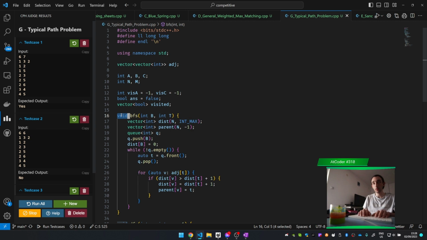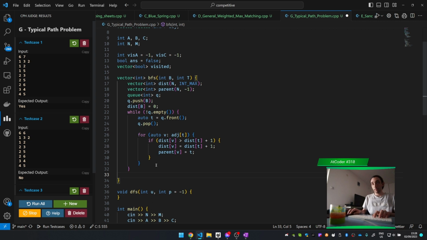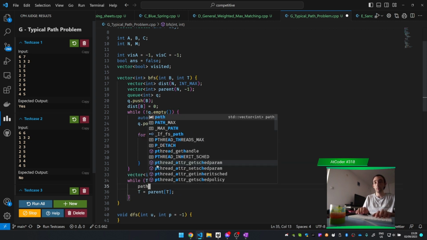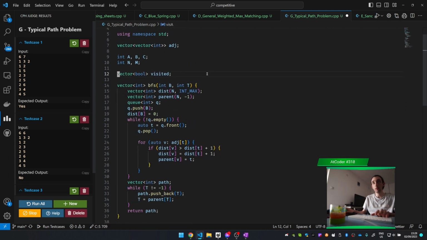Okay, that should be fine. While u is not -1, so the target, while t is not -1, t is parent t. Return path. Okay, so this is fine.